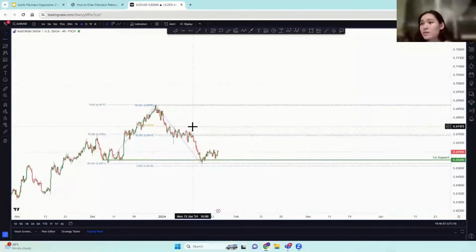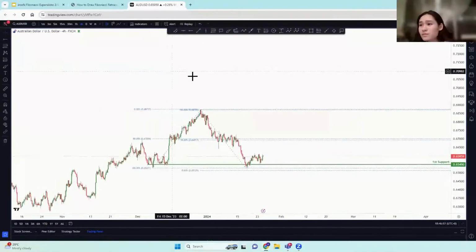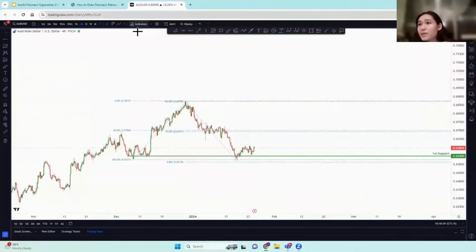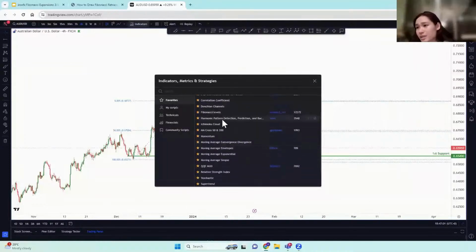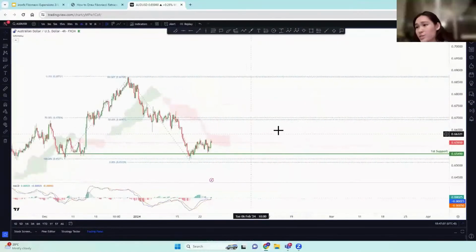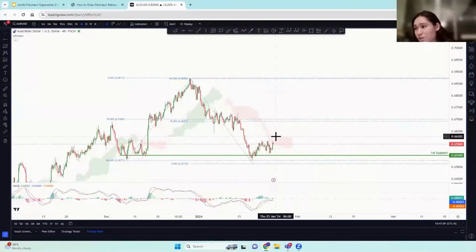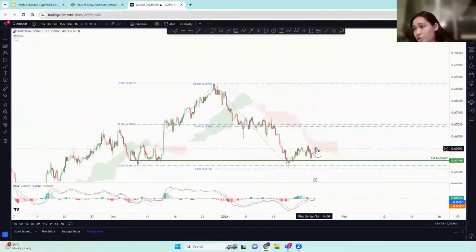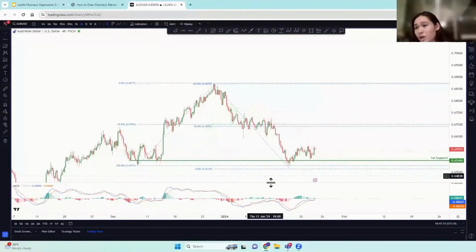Now let's look at some indicators. Price is moving below the Ichimoku cloud, so it's giving us a bearish signal. Actually, it's moving within a cloud, so we can't even use that.